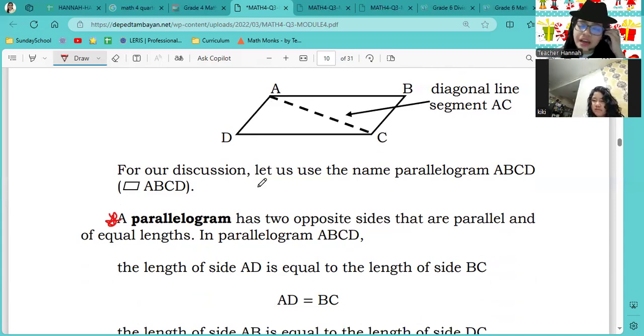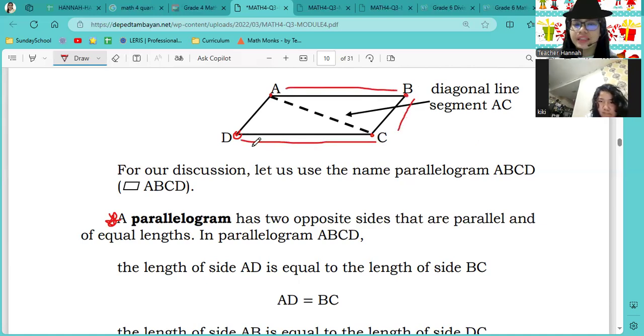There's always a letter at the corners, and that is how we are going to read it. A, B, C, and D. We read it like parallelogram A, B, C, D.